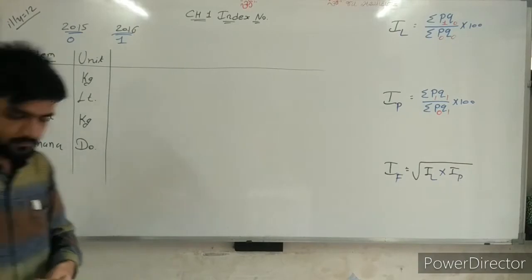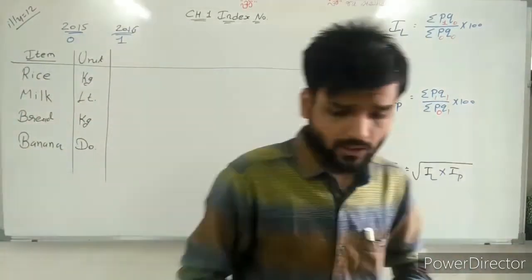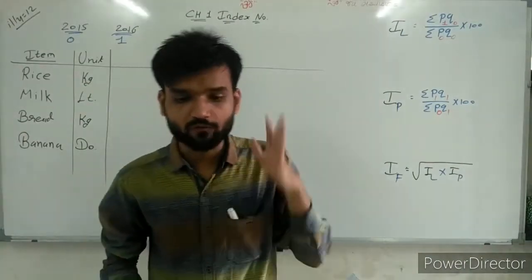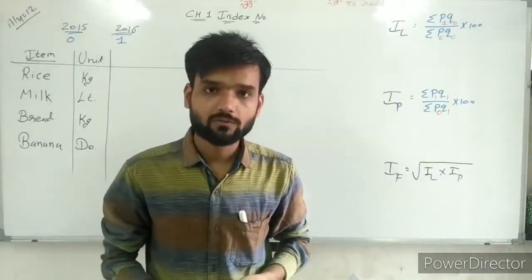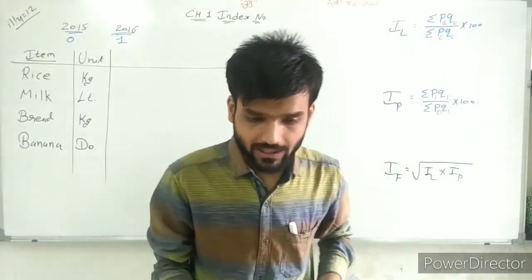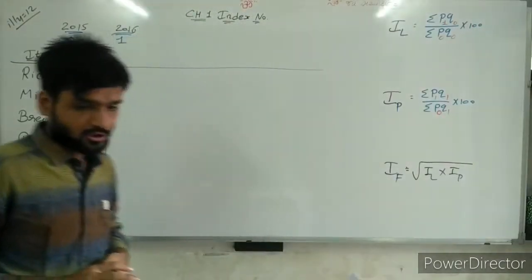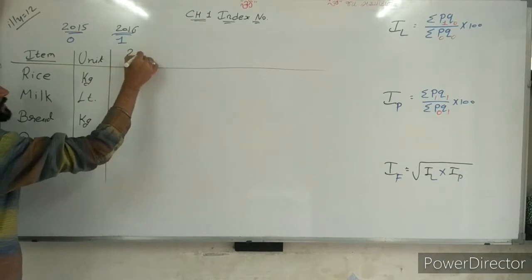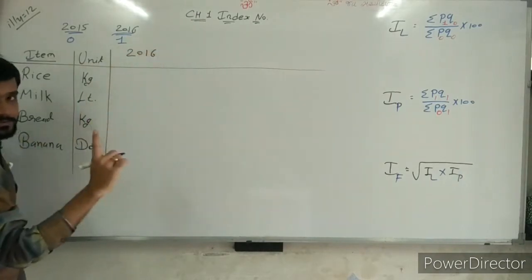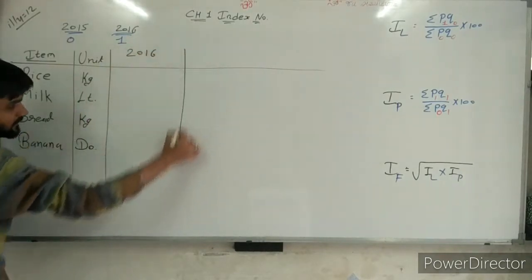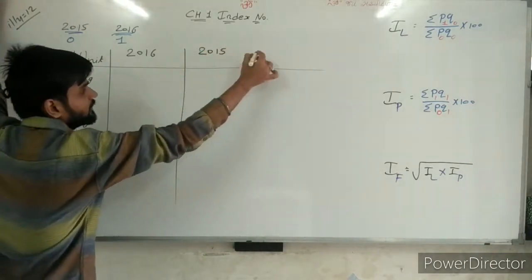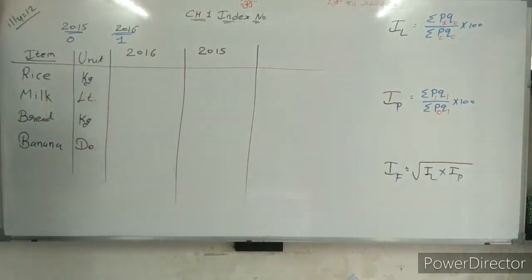Now, the next information: year 2016 and then year 2015 information is given. So whatever is given, I am writing. Here in the question, the 2016 year is given first and then the 2015 information.